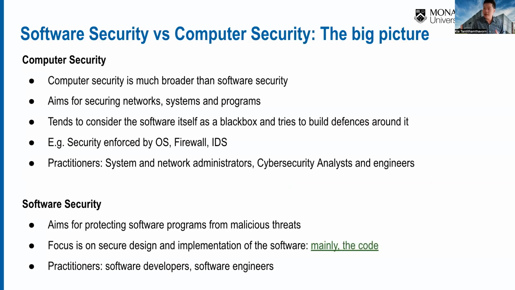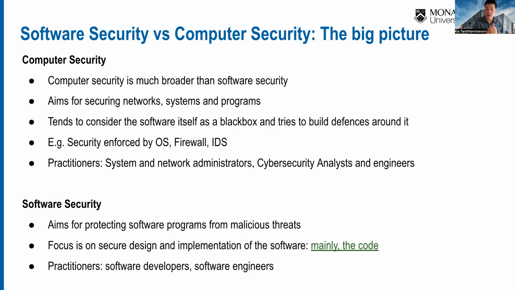How is it different from computer security? When we talk about computer security, we talk about the whole system, not just a piece of software, so the term is much broader. It covers network security, system security, firewalls, and so on. The system level is more than just software.